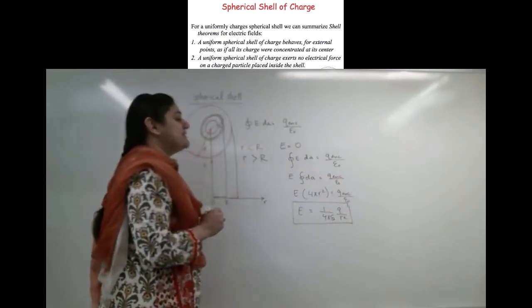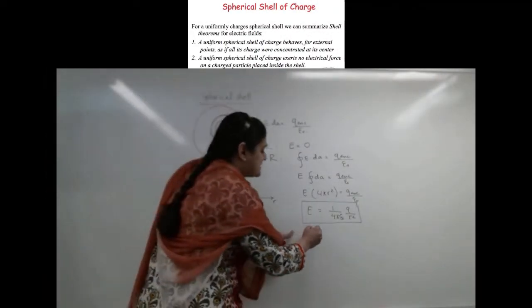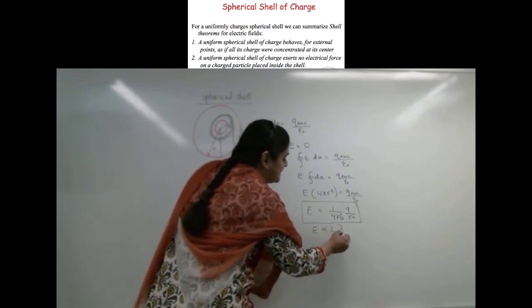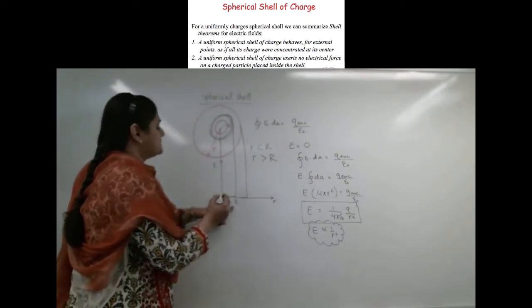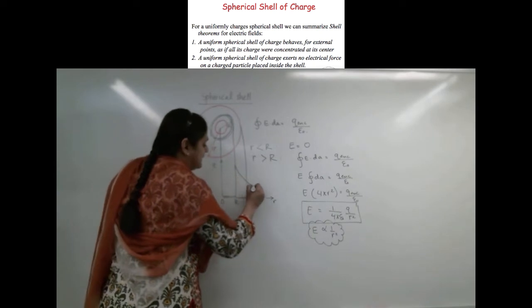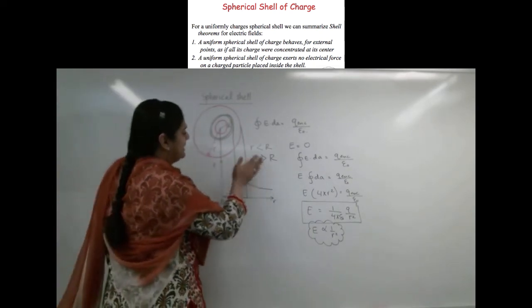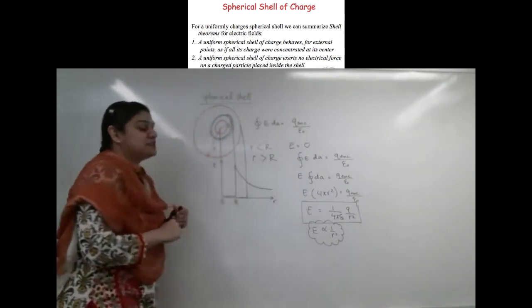That's pretty simple, and it looks very similar to the one we just did. So on the outside, my E is proportional to 1 over r squared. That's what the graph is going to look like: as it goes away from the shell, the field falls off as 1 over r squared.